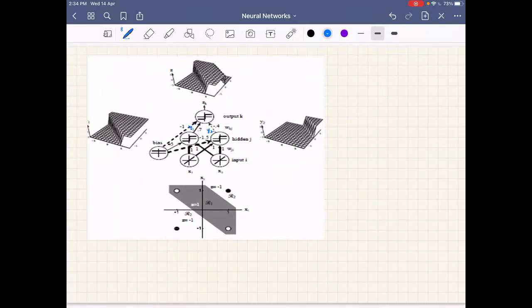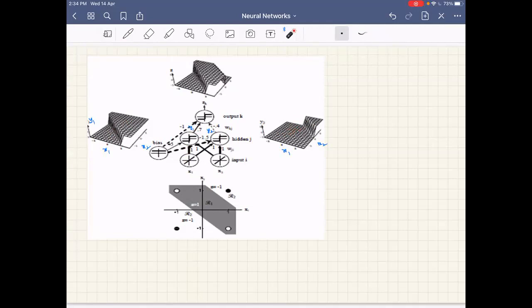Okay, so now if I sketch them, say Y1, with features X1, X2, if I make a plot of Y1, I see that it is just the activity of a single neuron, and hence this is still a linear decision boundary. Similarly, if I make a plot of Y2 alone, this is also a linear decision boundary.